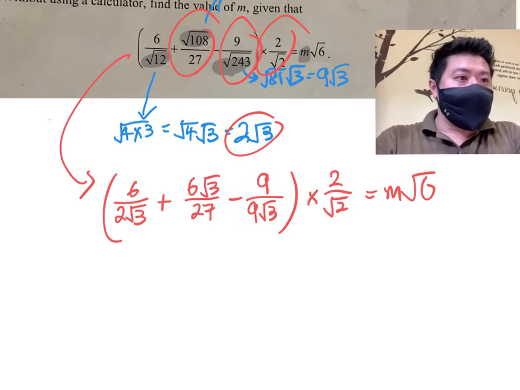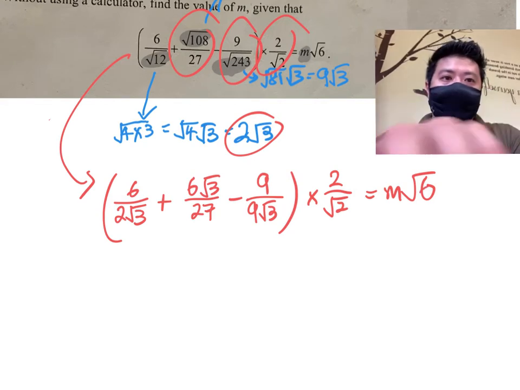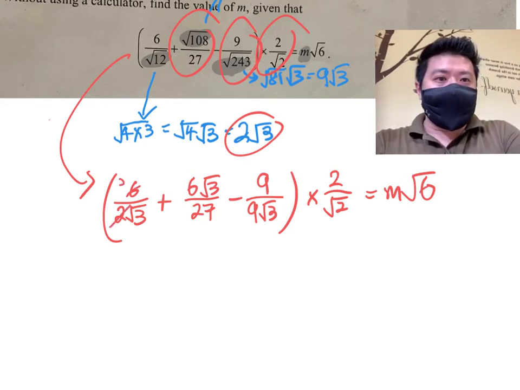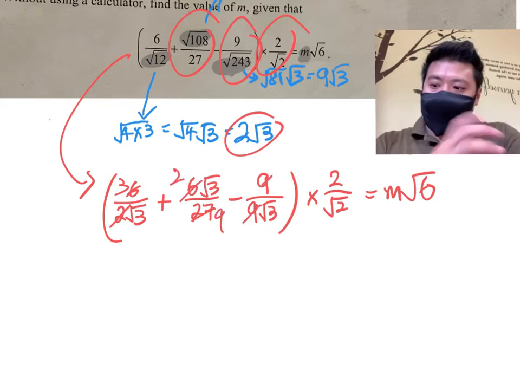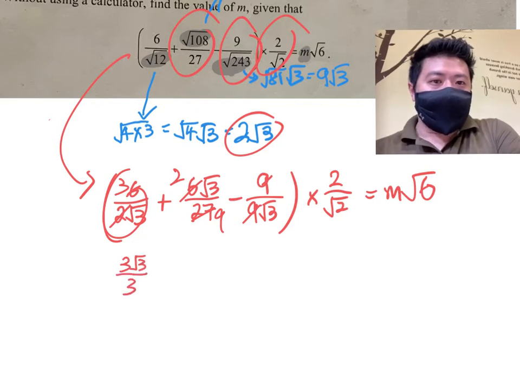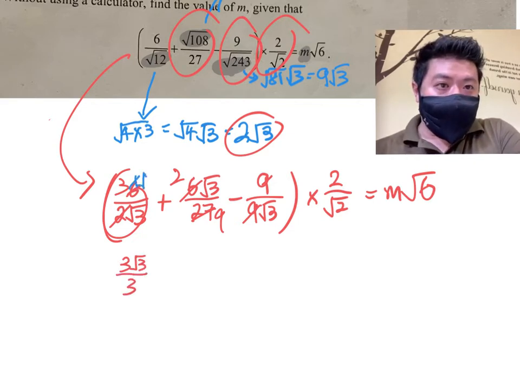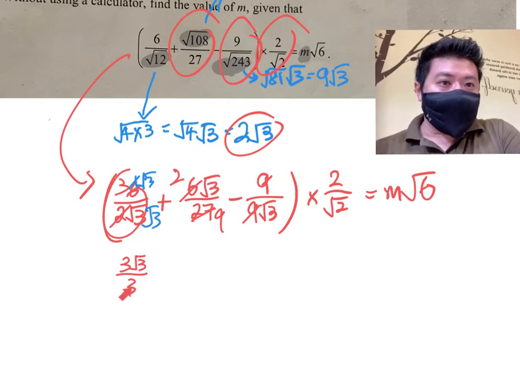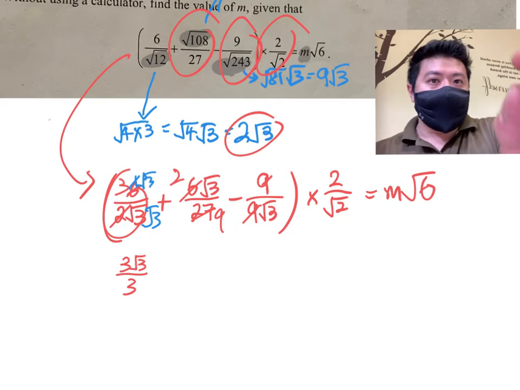So with that, cancel, I have a 3. Cancel, I have a 9. Cancel, I have a 2. Cancel off the 9, I have 3 over square root 3. Let me rationalize this quickly. I multiply by square root 3 over square root 3, and I get 3 at the bottom, 3 square root 3 at the top.